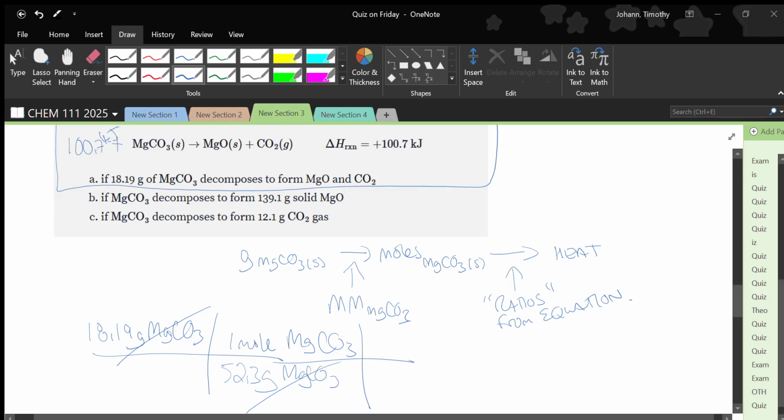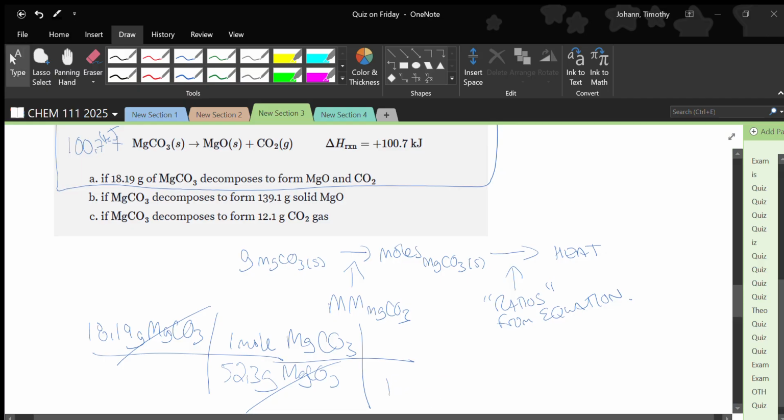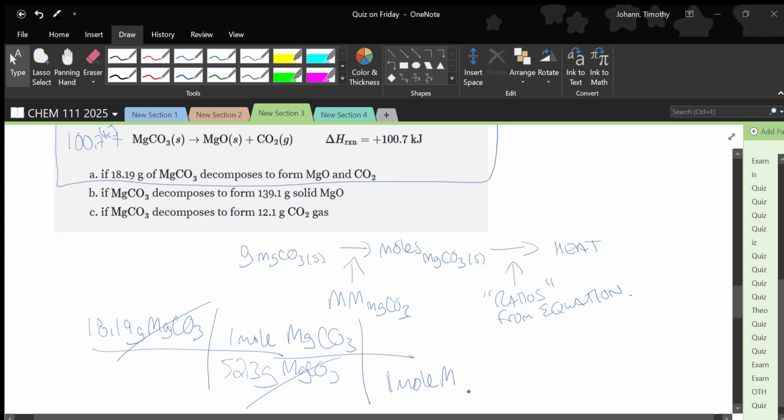We know from our chemical equation that 1 mole of magnesium carbonate makes 100.7 kilojoules.